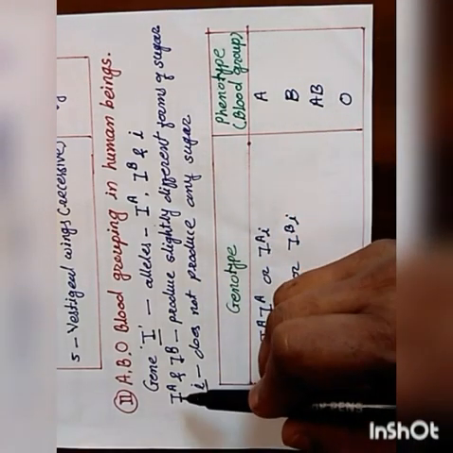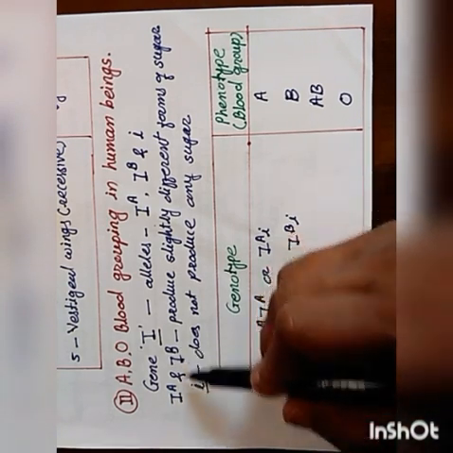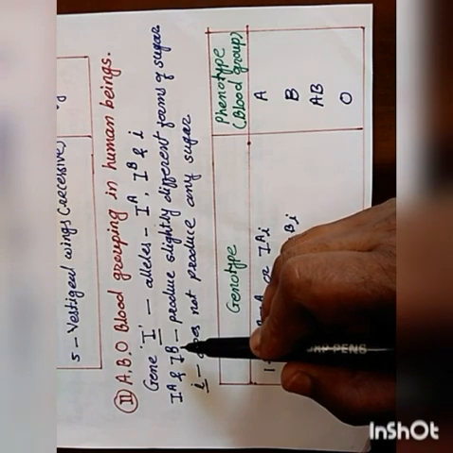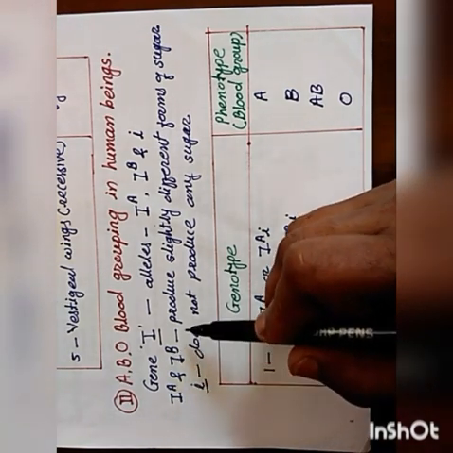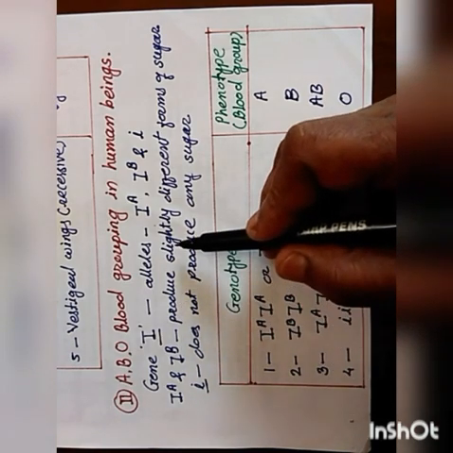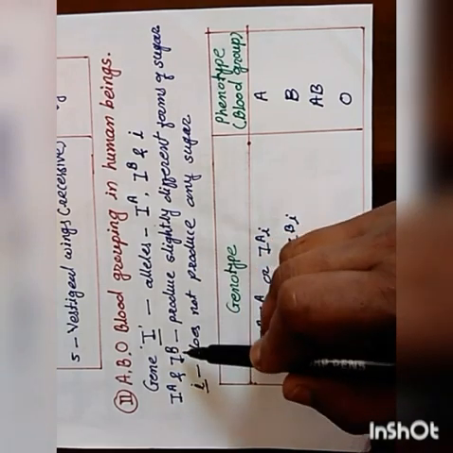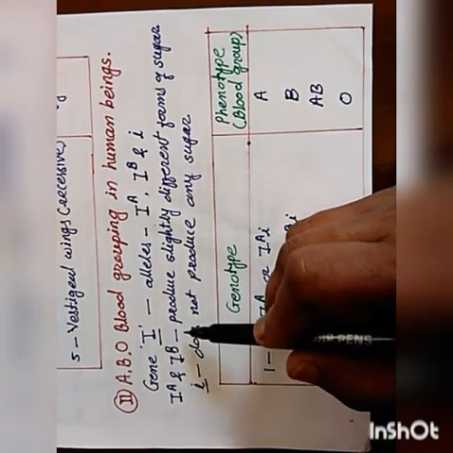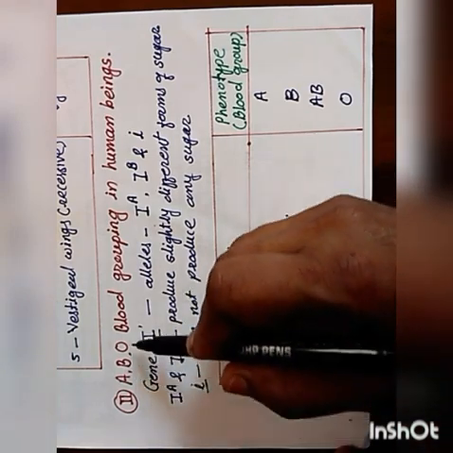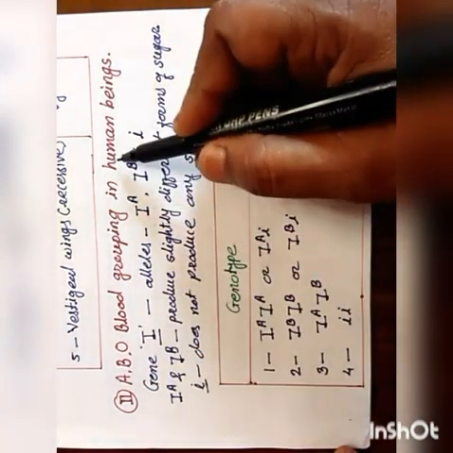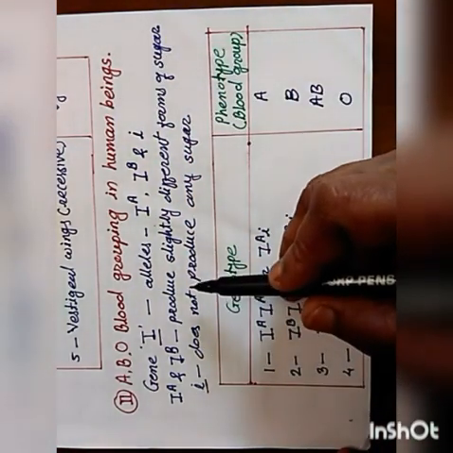But when this IA allele and the IB allele are present together, in that case both these IA and IB alleles produce their own sugars. That's why this IA and IB both alleles express their characters equally. That's why the example of the ABO blood grouping in case of human being is also of a codominance.